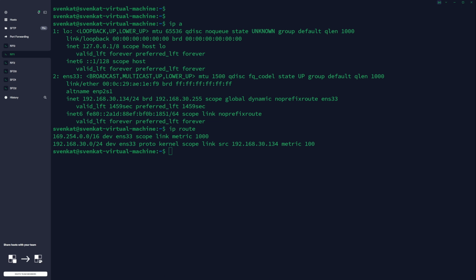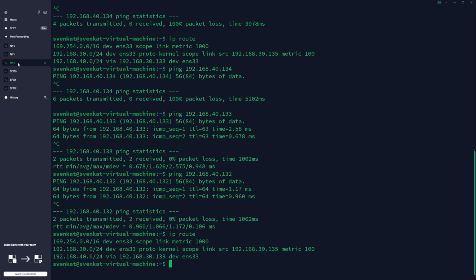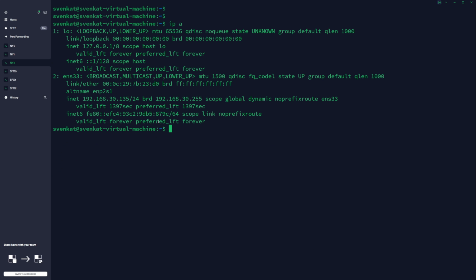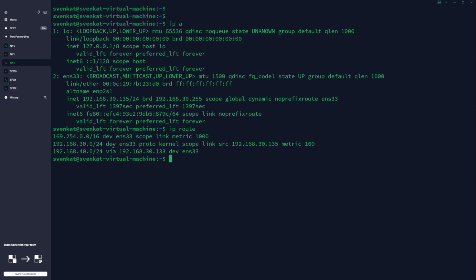Now let's go to New York 2 and see how that is configured. As expected, this also has only one network interface on it, 192.168.30.135. Let's look at the routing table. This one has something different. Compared to New York 1, this has an extra entry in the ip route, and that is the 192.168.40 network.